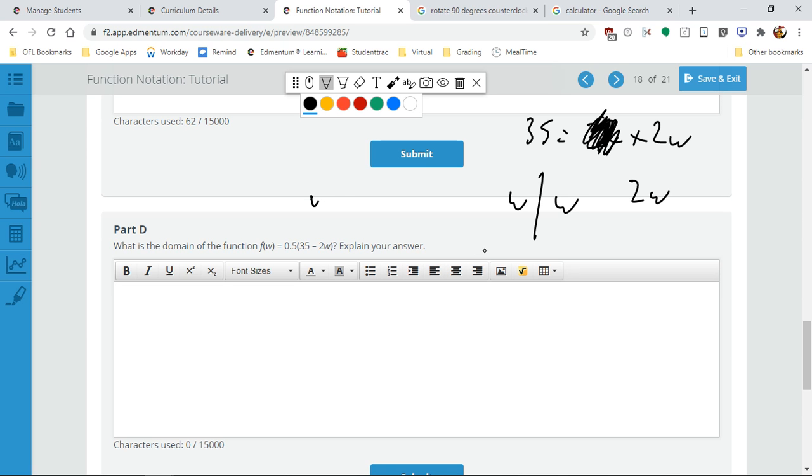So that means our W has to be less than half of 35. Half of 30 is 15, half of 5 is 2.5, so 17 and a half. It has to be smaller than 17.5, but it has to be bigger than 0, right? We can't have 0 width.